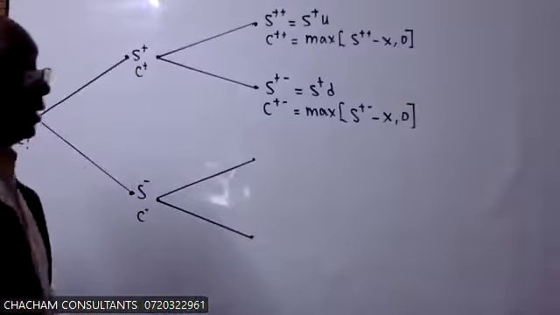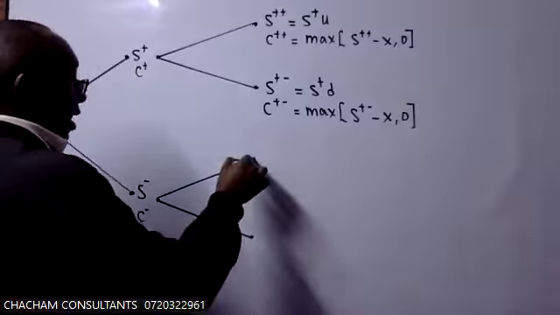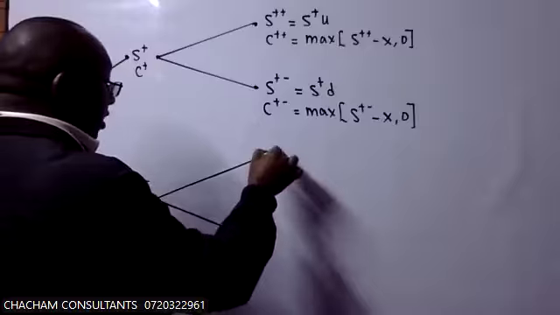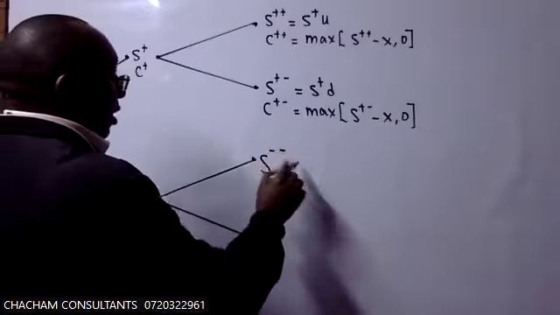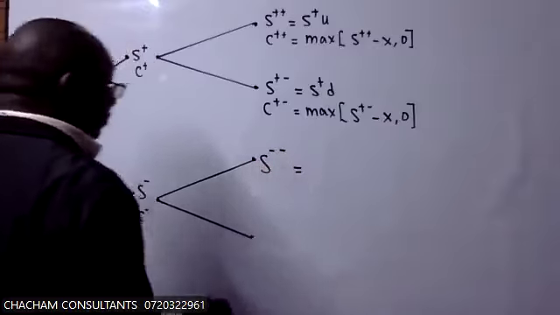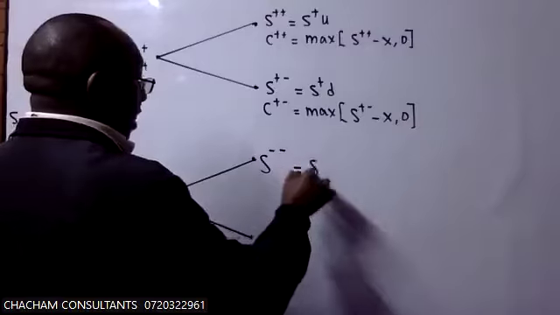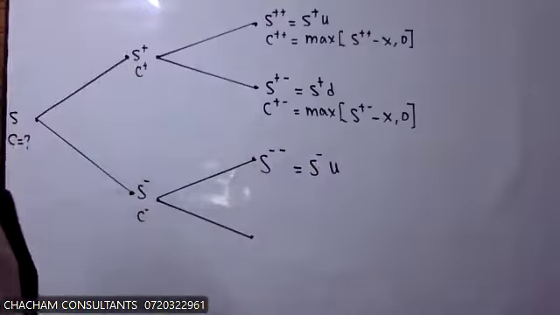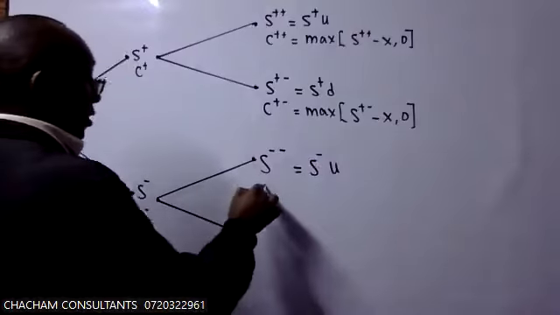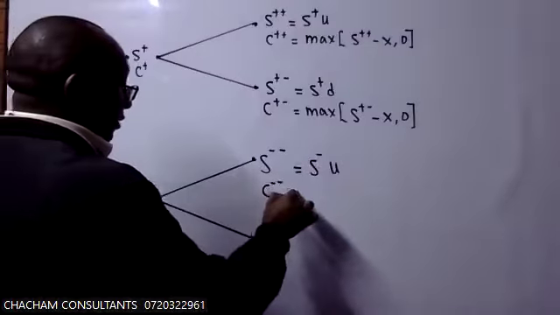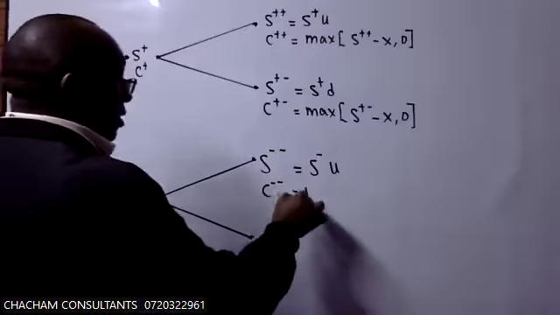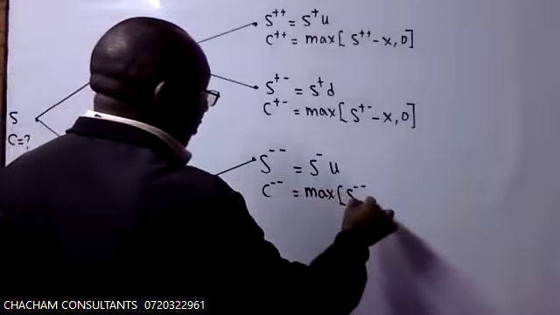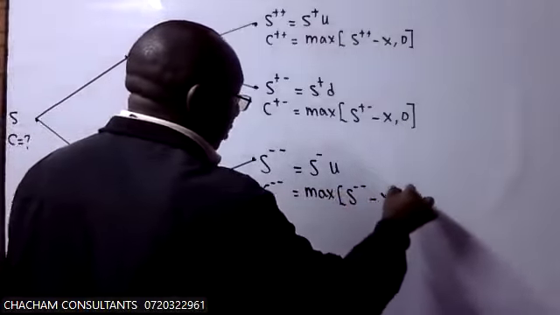And then we do the same case here. This now will be S negative positive, and this S negative positive is going to be given as S negative multiplied by the up factor. Imeenda juu. Then our C negative positive will now be the max of S negative positive minus X, 0.